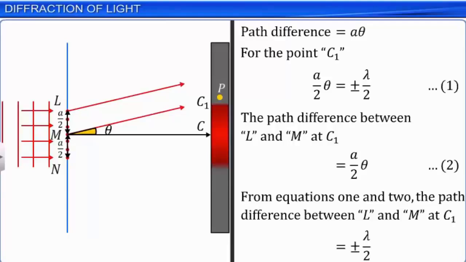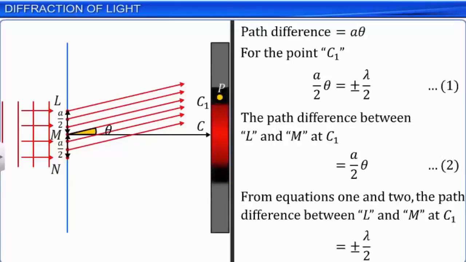Now, if both the half slits LM and MN are considered, for every wave passing through LM, there is a corresponding wave passing through MN originating at a point A by 2 below the first one, such that the two waves are out of phase at C1. Hence, every wave arriving at C1 from the upper half of the slit LM interferes destructively with the one coming from the bottom half of the slit MN. The intensity at C1 is therefore 0, and C1 corresponds to the first minimum of the diffraction pattern.